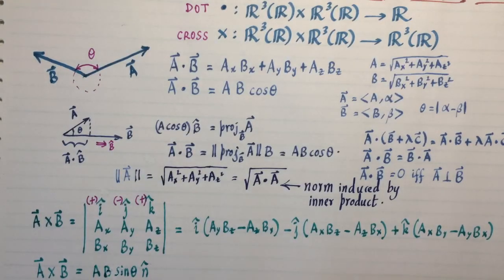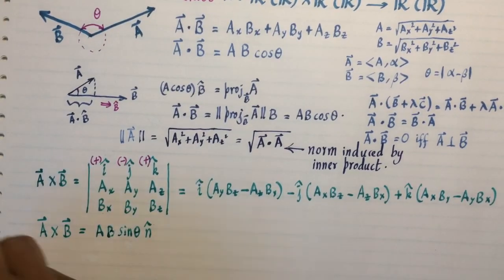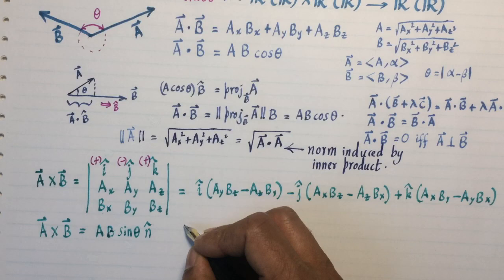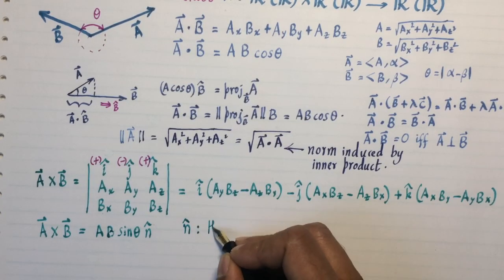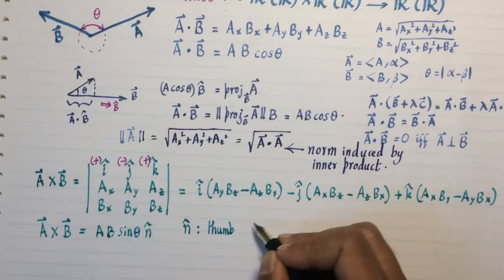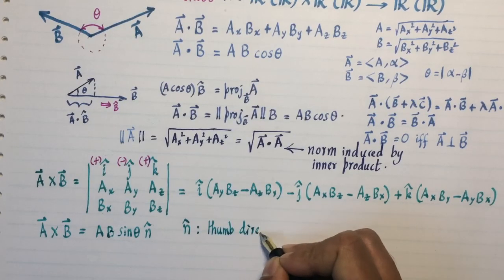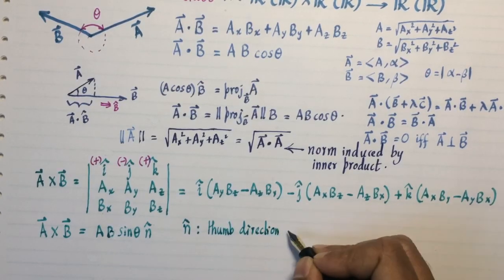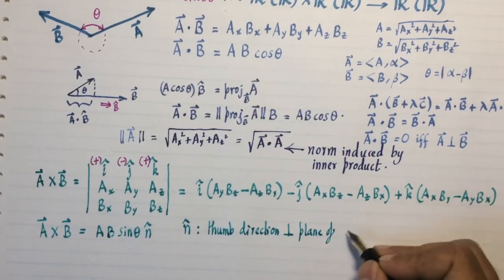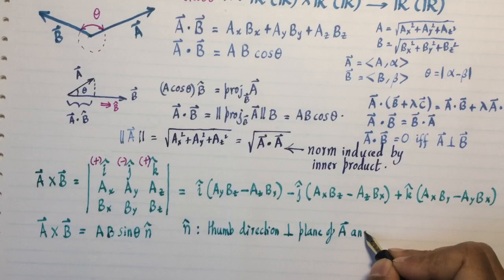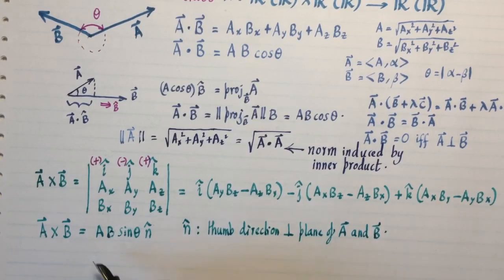So this is not a very user-friendly procedure because you can't really do better than that. So n hat is a thumb direction, but it's perpendicular to the plane of A and B. So that's one thing you learn in this way of doing it.